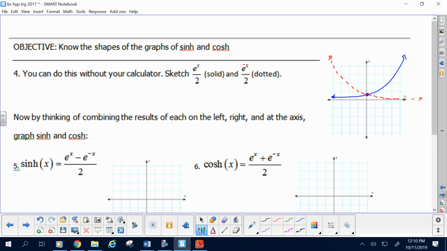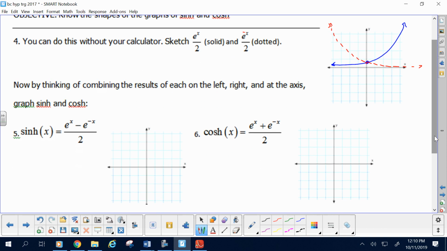All right, now then, let's consider the combinations that make sinh and cosh. So for sinh, we're going to take the blue graph, e to the positive x over 2, and subtract away, or take the difference between that and the y values of the dotted graph.